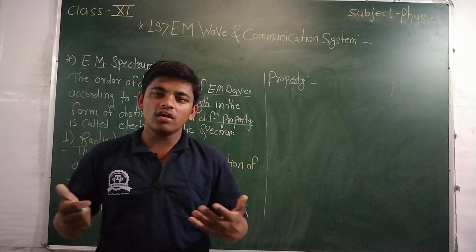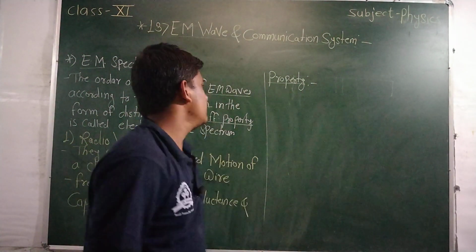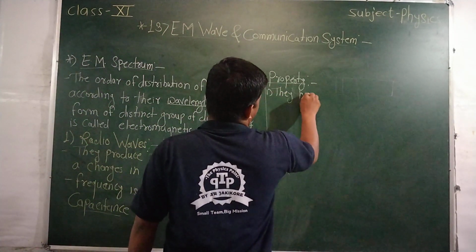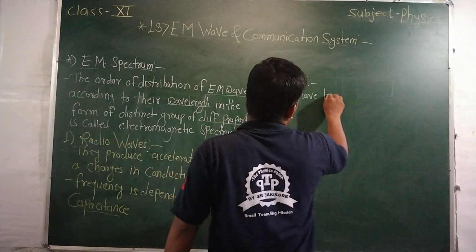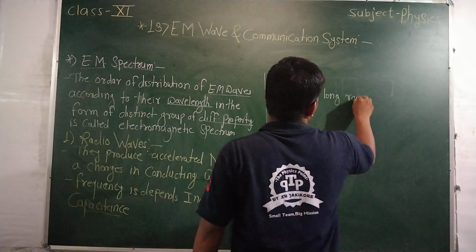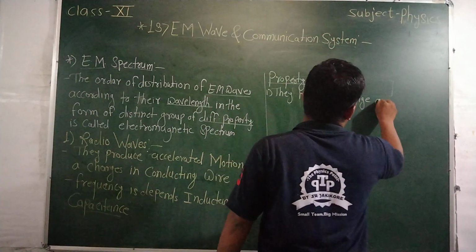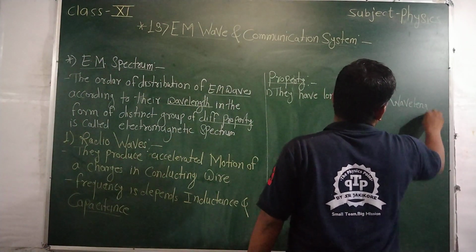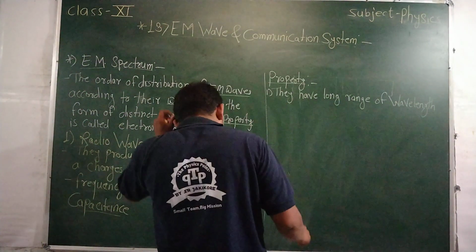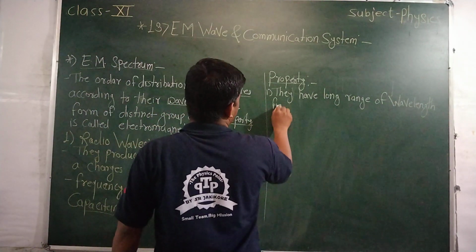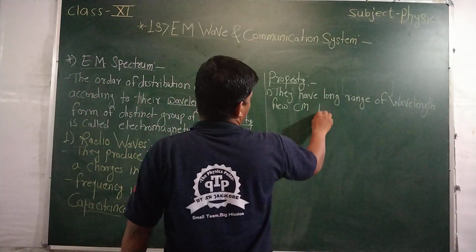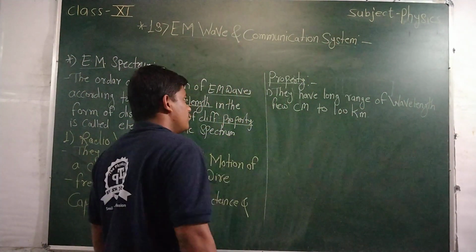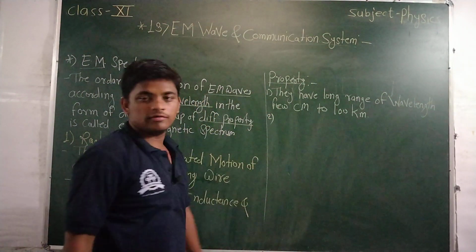They have a long range of wavelength. The wavelength starts from a few centimeters and goes up to 100 kilometers. This is the range of wavelength of radio waves.